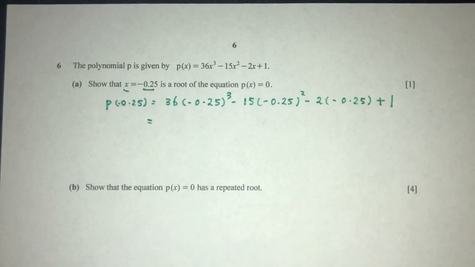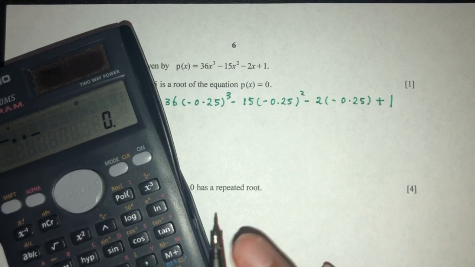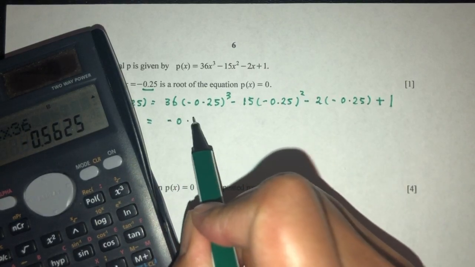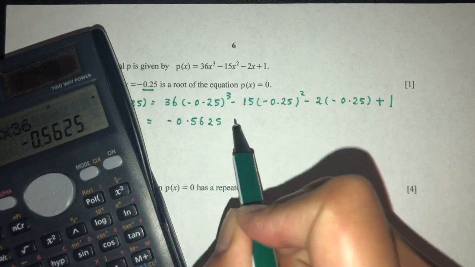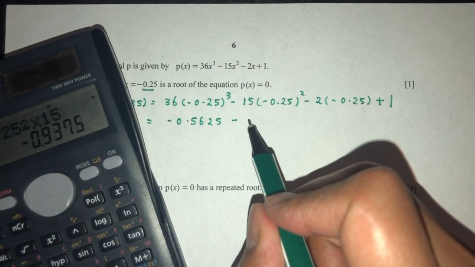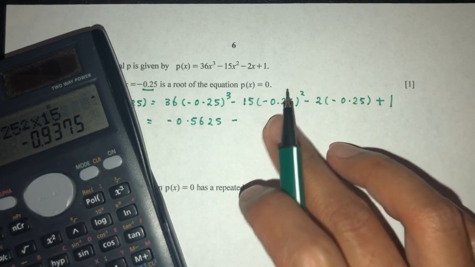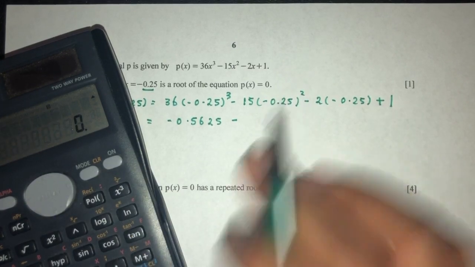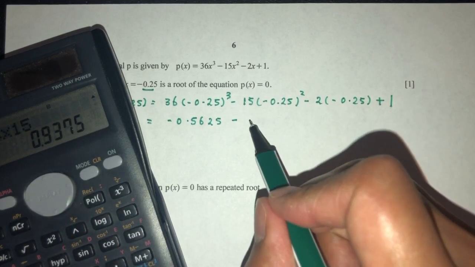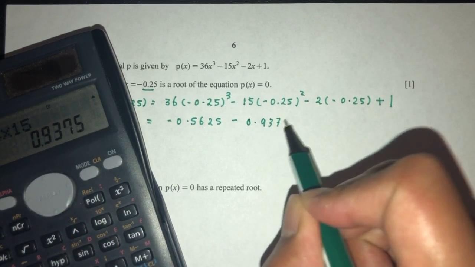Let's see what happens. So minus 0.25 power 3 times 36, that will be minus 0.5625. Minus 0.25 square times 15, obviously that will be positive, because when you square something it will be positive value, times 15, that should be 0.9375.